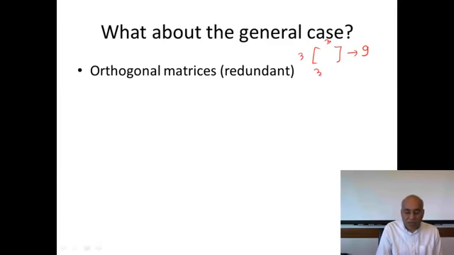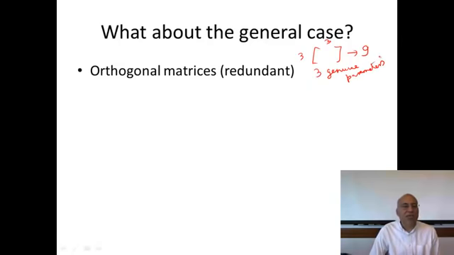But there are really only 3 genuine parameters. So these 9 entries in the matrix are redundant. And we'd like to get at the true degrees of freedom of the problem, which corresponds to the axis of rotation and the amount of rotation.